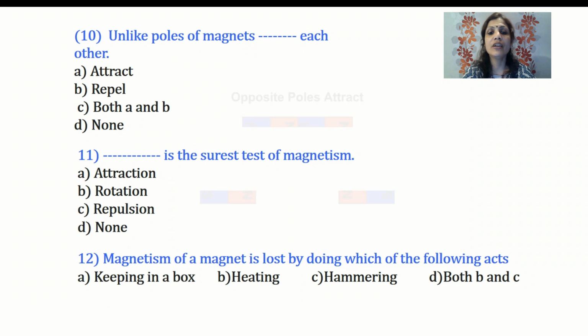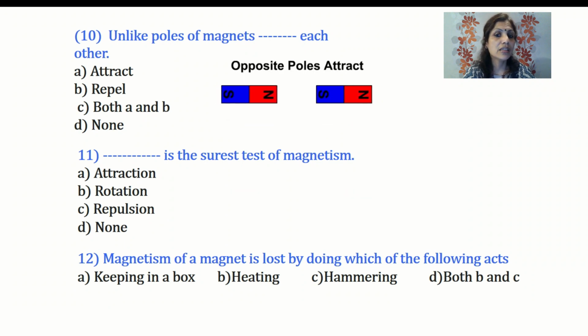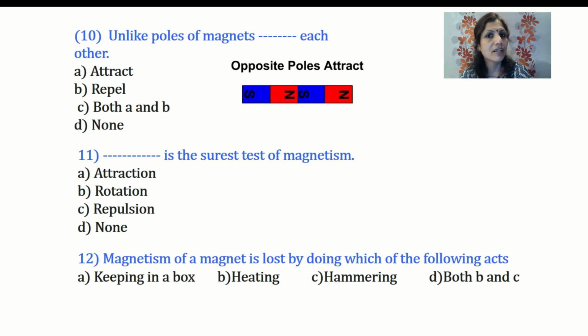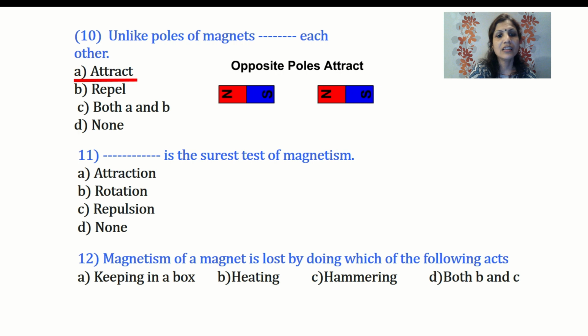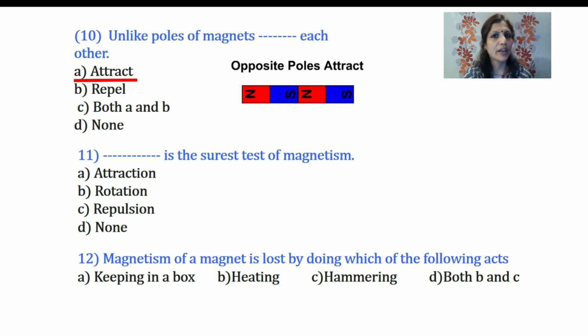Have a look at this figure. North and south pole are unlike poles, and what is happening there? The poles are getting attracted towards each other. So this is another property, that unlike poles of a magnet attract each other. Alright, so A is the correct option.